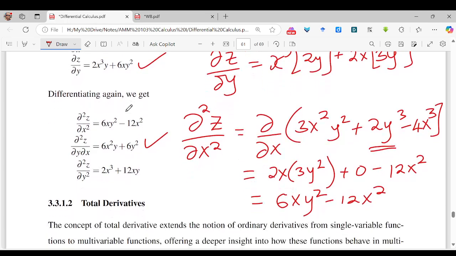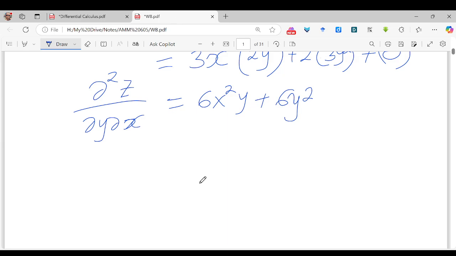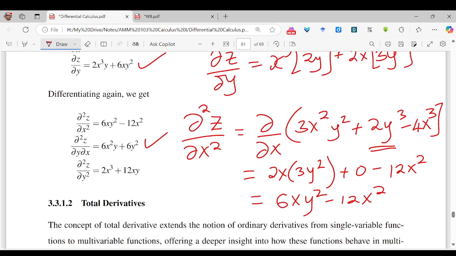So the partial derivative of z with respect to y is equal to 2x cubed y plus 6xy squared.